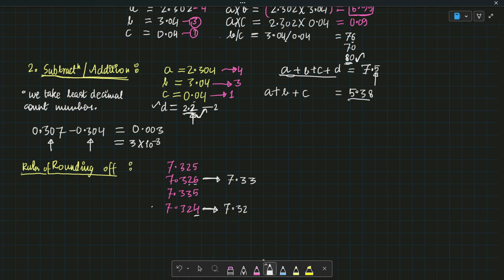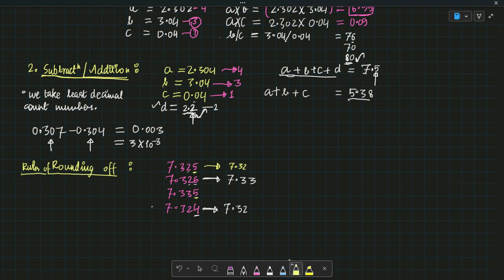In case of these two numbers, these two are very special numbers. When we want to drop 5, if the digit before 5 is an even number, then we simply drop 5 without changing anything. So this will become 7.32. We will drop 5 without any change.